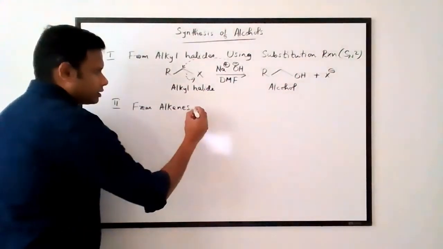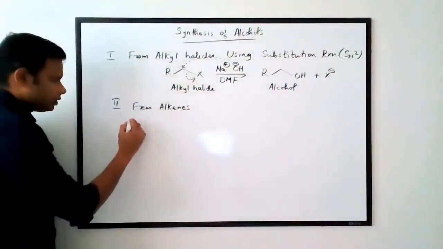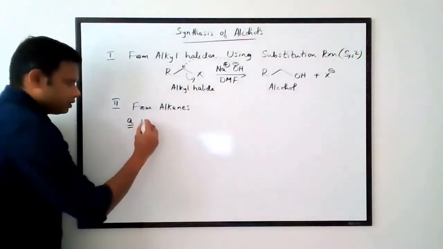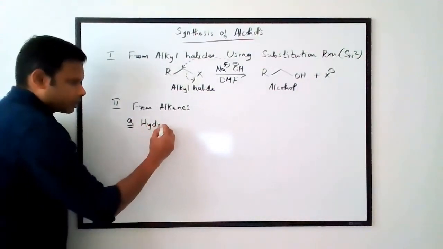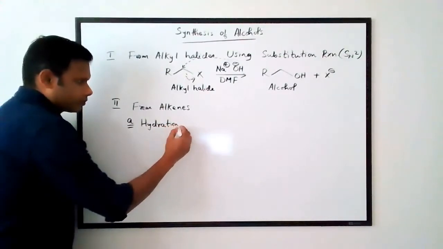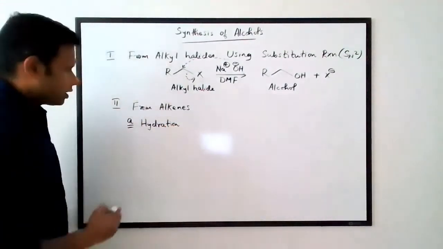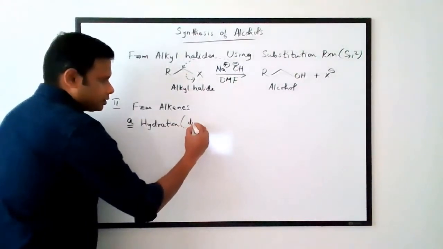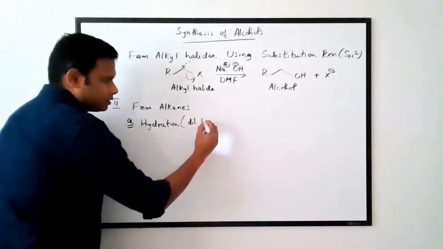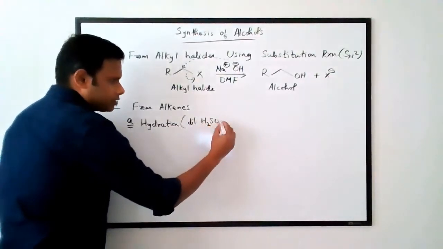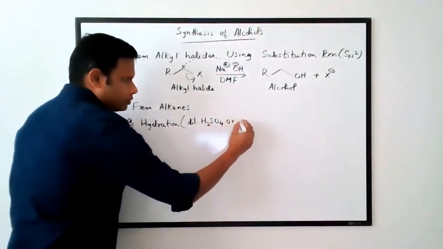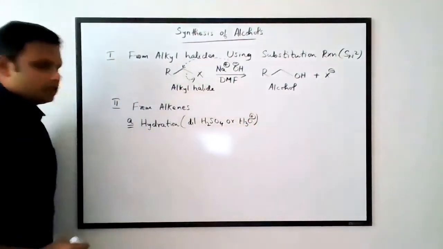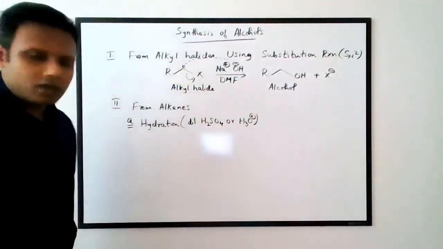From alkenes, the first strategy, or the first reaction that we've learned, is the hydration reaction. The hydration of alkenes uses dilute acid. Typically sulfuric acid is what we use, or you could just show hydronium ion. Dilute sulfuric acid or hydronium ion.